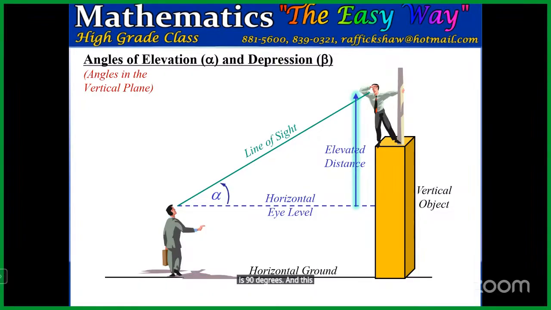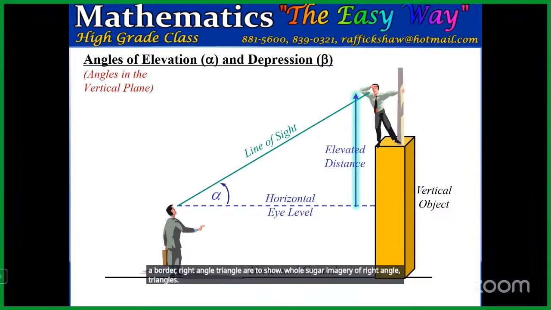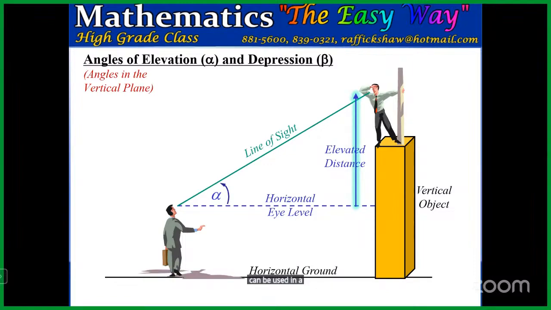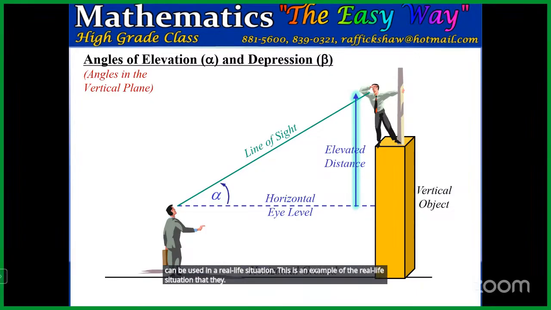And this is why angle of elevation and angle of depression is the topic that CSEC uses to apply your knowledge about right angle triangles, or to show how trigonometry of right angle triangles can be used in a real life situation. This is an example of the real life situation that is set questions on, right?